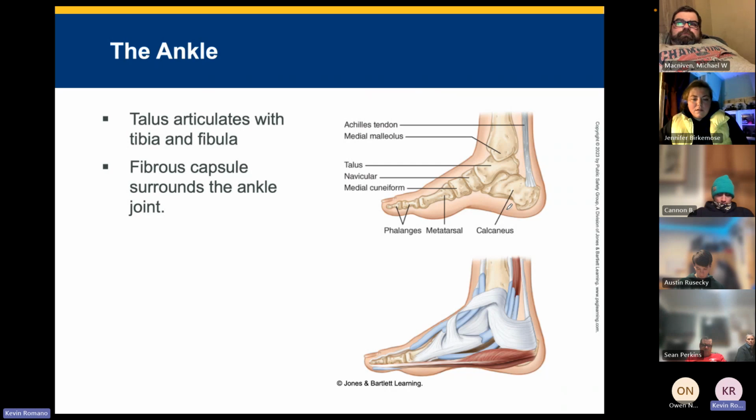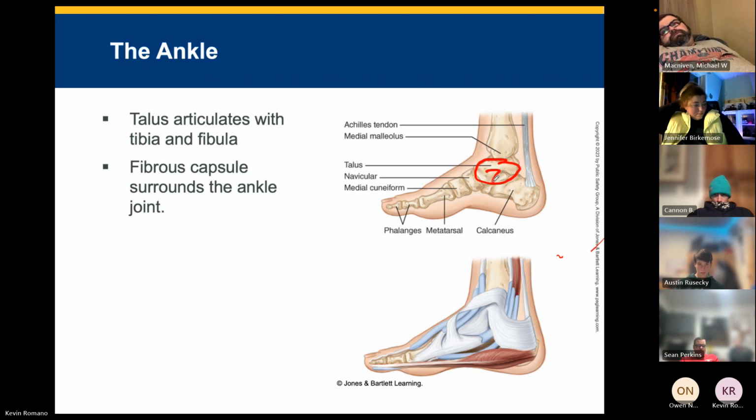So looking at the pictures, in the ankle itself, what is the ankle called? The tarsal, right? Tarsal, metatarsals. So inside the tarsal, the ankle itself, there are 7 bones within the ankle.